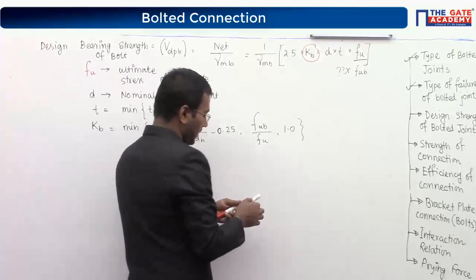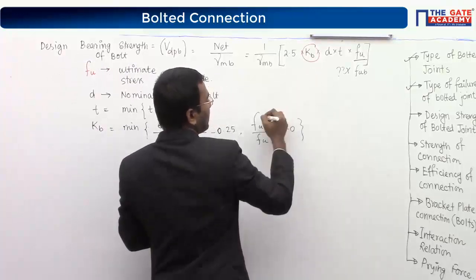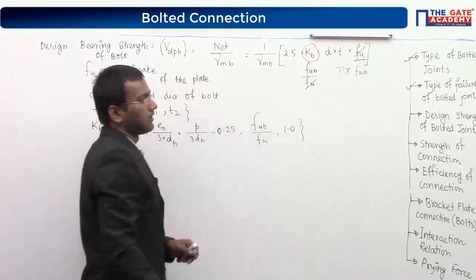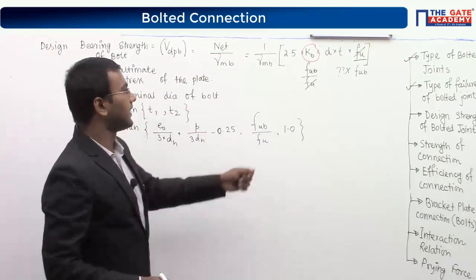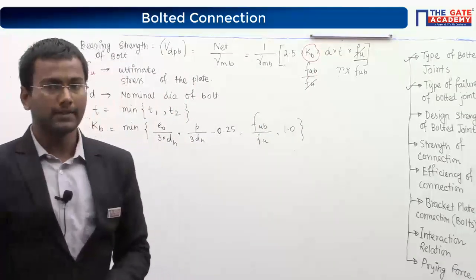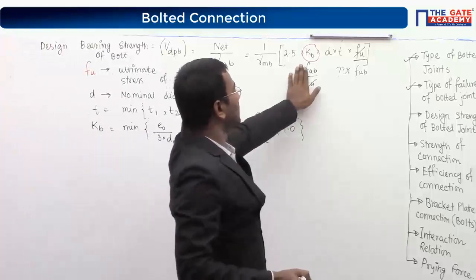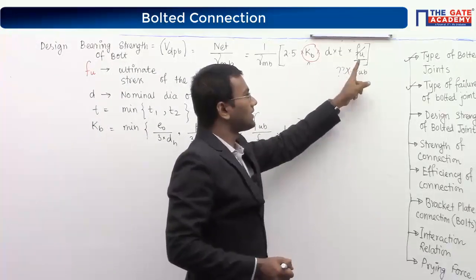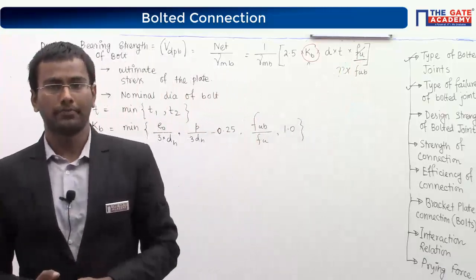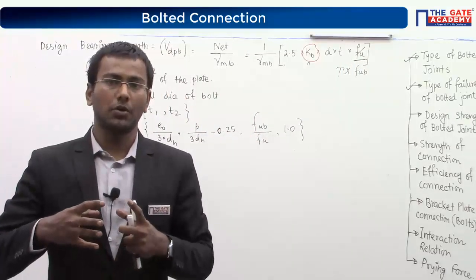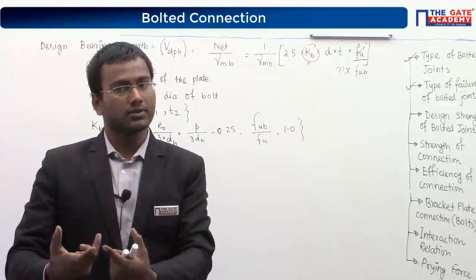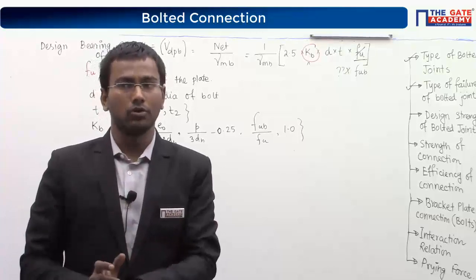Now imagine in a certain case I take Kb as Fub divided by Fu. Then Fu gets cancelled, and it actually represents the value of Fub. So this Fu in the given equation, although given with respect to the ultimate stress of the plate, is in some way representing the ultimate stress of the bolt.